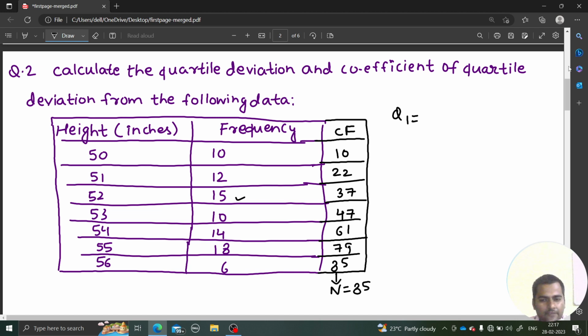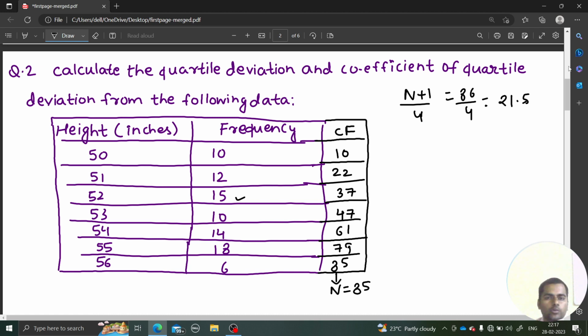That means if I calculate n plus 1 by 4 first, that will be nothing but 86 by 4, which is 21.5. Now just greater than 21.5, as you can see, is 22.